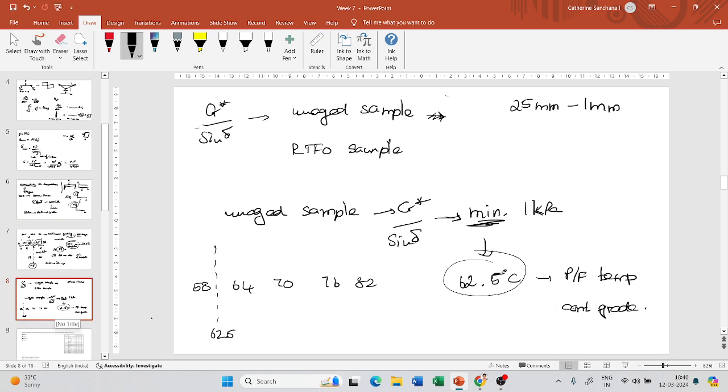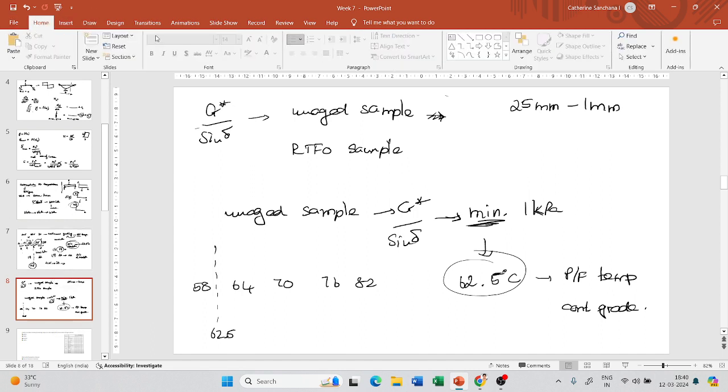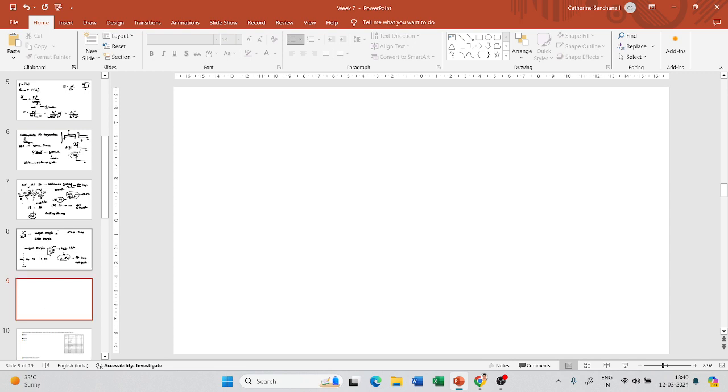Let us see if the same thing holds for a high temperature grade. For 62.5, what could be the possible PG grading of bitumen? There are two cases: either it is 58 degrees Celsius or 64 degrees Celsius.